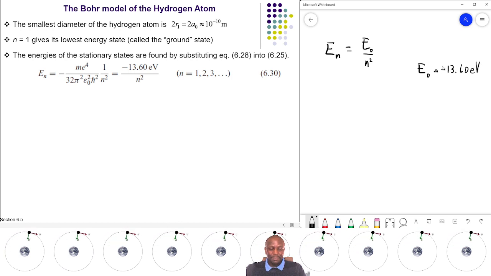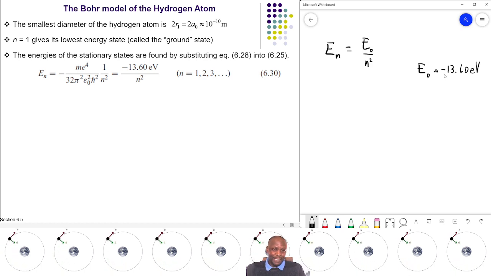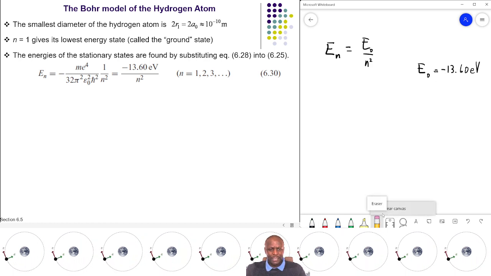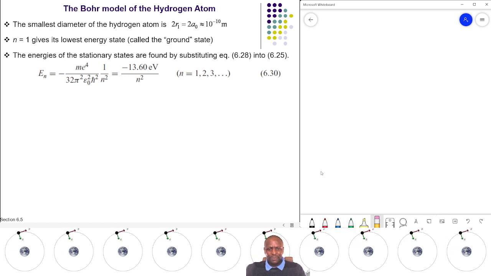And I hope you still remember where this negative comes from. It comes from the fact that when we add the kinetic plus the potential energy, we had this negative sign there. So that's where it is coming from, right?